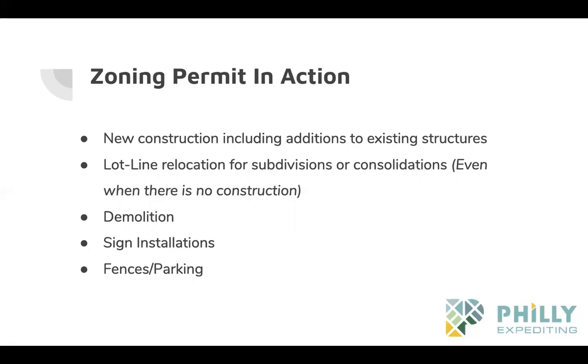So anytime you're subdividing or consolidating a lot via a lot line relocation, you also need a zoning permit, even when there's no construction. And then demolition, and the reason for demolition is because a structure is actually going away, so that affects zoning, because zoning is affected by construction and dimensional standards. Signs need zoning permits, kind of weird, but they do. And then fences and parking, which we don't do too much of within our company, but they still need it, just to put that out there.